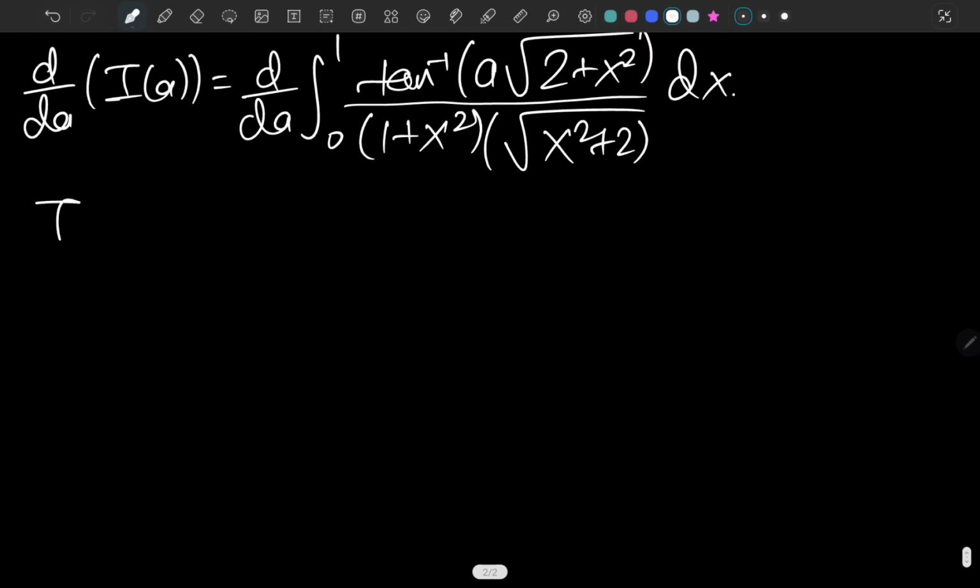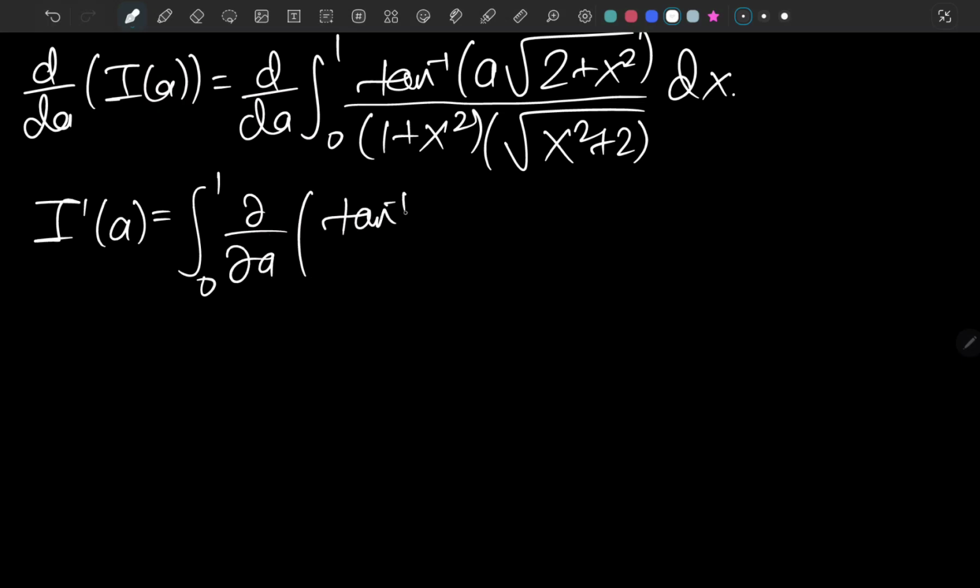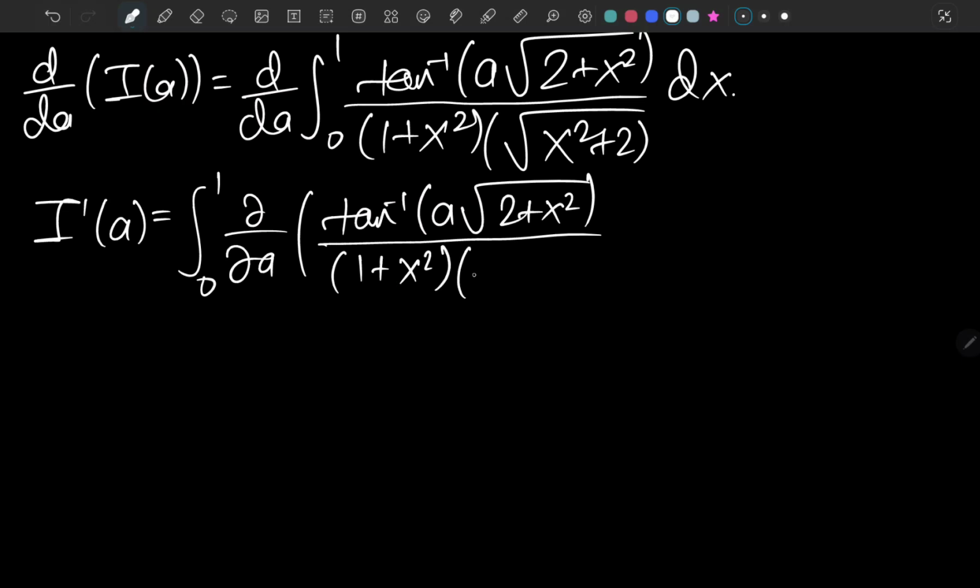So this becomes I prime of a, and this becomes integral from 0 to 1 taking the partial derivative with respect to a of the integrand, that is 2 plus x squared over 1 plus x squared times square root of x squared plus 2 dx.